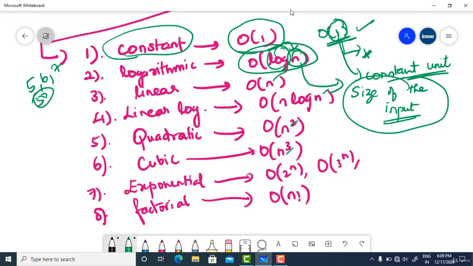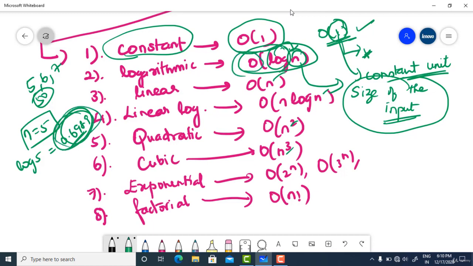Let's say my size is 5, n is 5. So what is log 5? Log 5 is, I think, 0.698. So it's very small, right? So this program will execute 0.698 units of time. That's how it works.